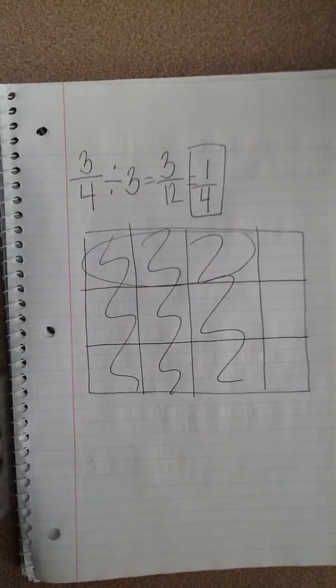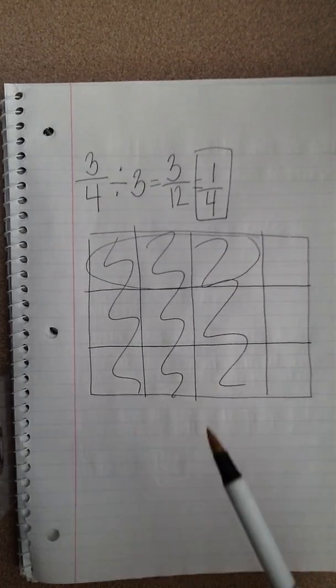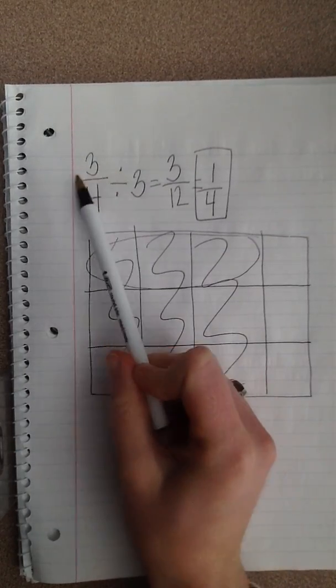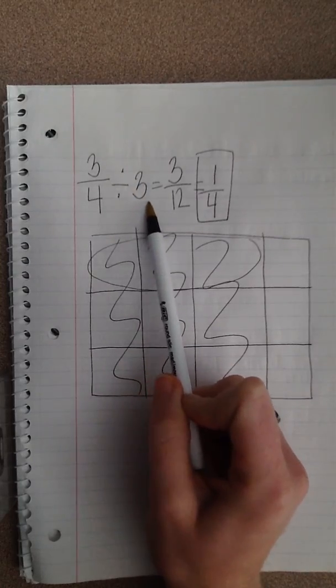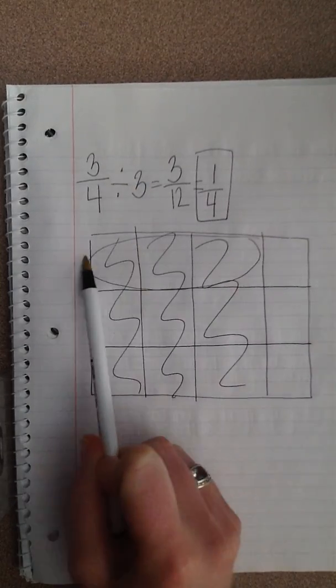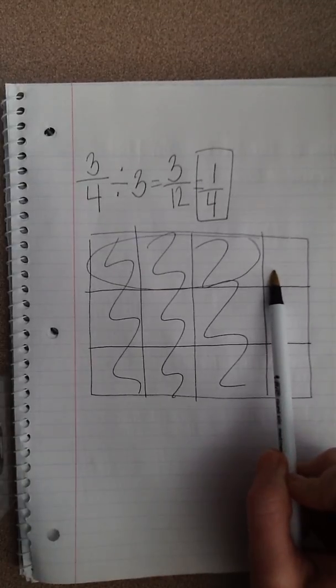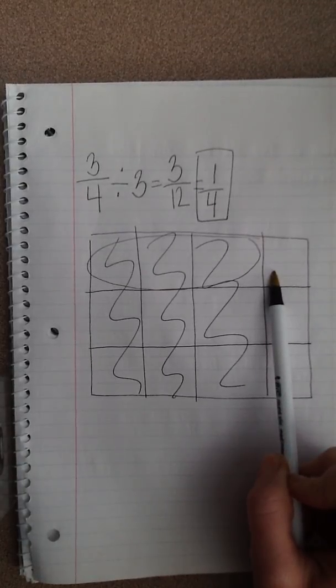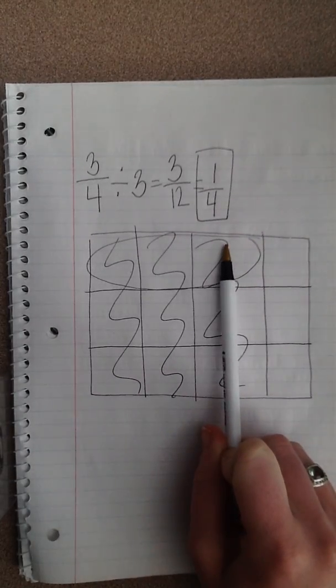But this last problem is more challenging because my total amount is 3/4, okay? And we have to count how much each one group gets, and this whole row is considered one group. We don't count this one here because that was not even part of the total amount. Originally, the total amount was 3/4, so 1, 2, 3.